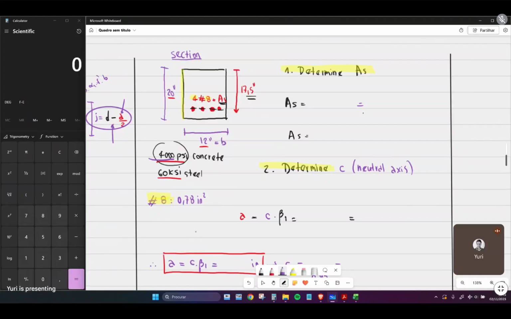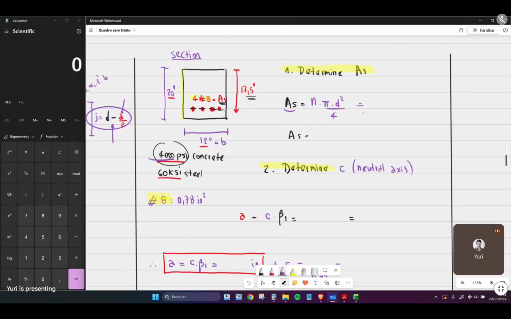If you don't remember this, it's quite simple to determine. The area of the reinforcement equals the number of bars times the area of each bar, which is calculated by pi times the diameter of the rebar squared, divided by 4.